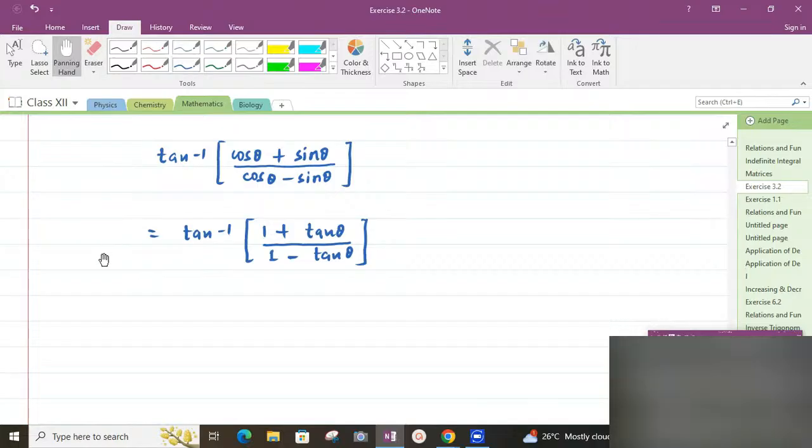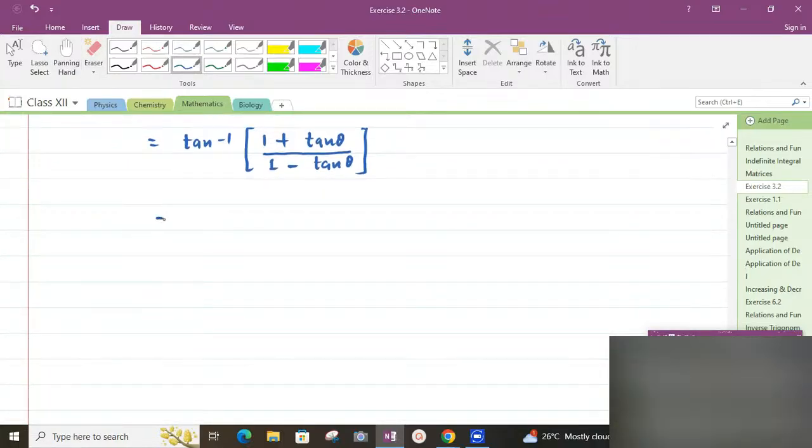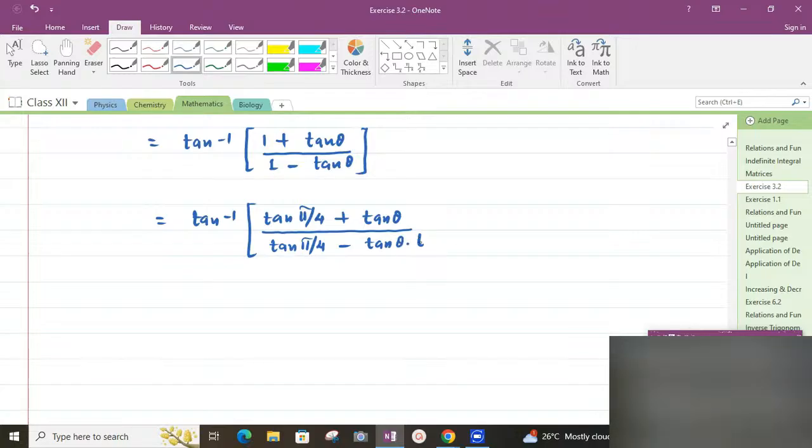So here next step will be tan inverse tan pi by 4 plus tan theta by tan pi by 4 minus tan theta into tan pi by 4.